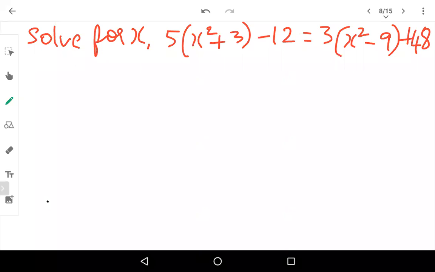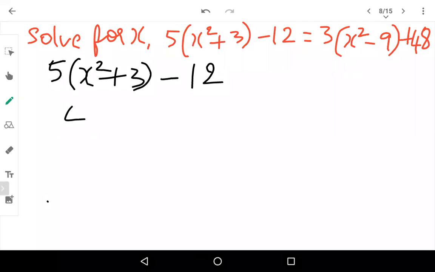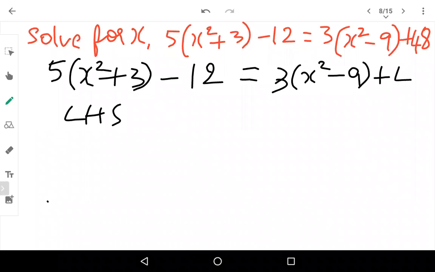Firstly, what is the question given? 5(x square plus 3) minus 12. This is the LHS of the equation, is equal to 3(x square minus 9) plus 48.